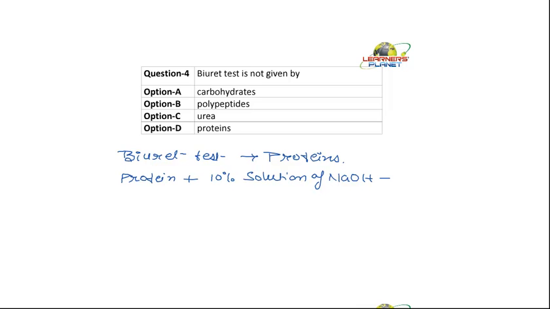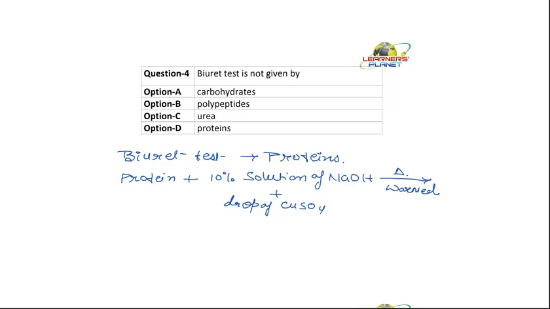This is gently warmed, right? And to this a drop of copper sulphate solution is added. Right? Now there is a formation of reddish violet color.